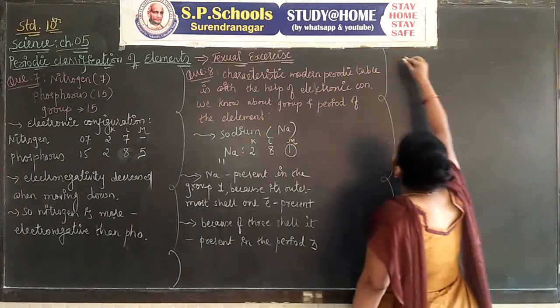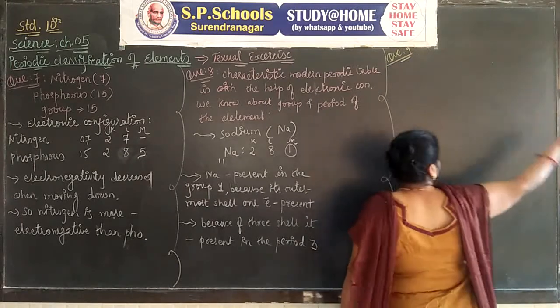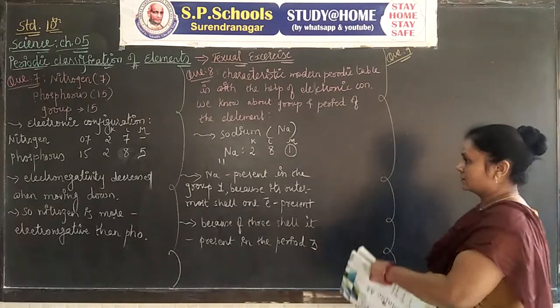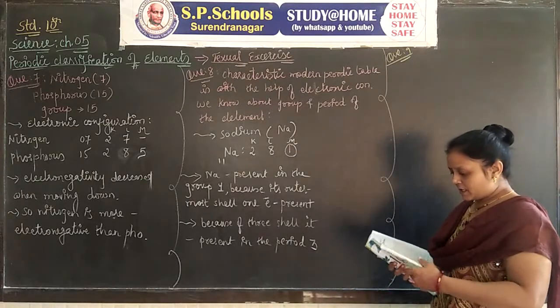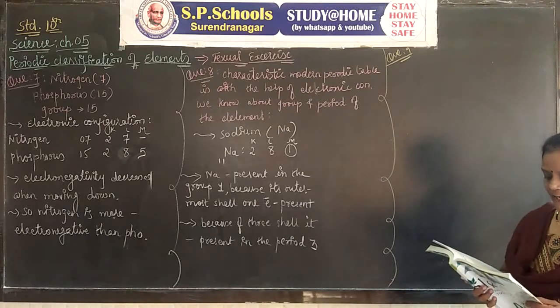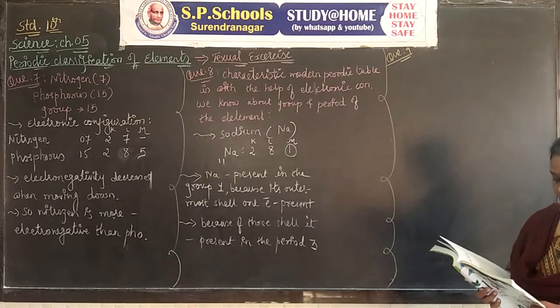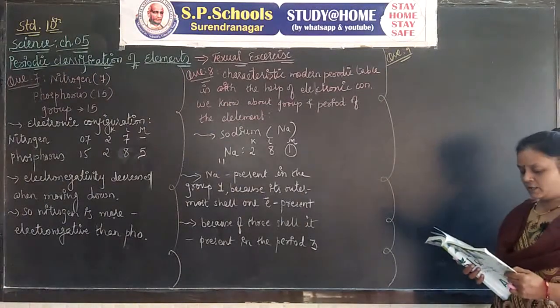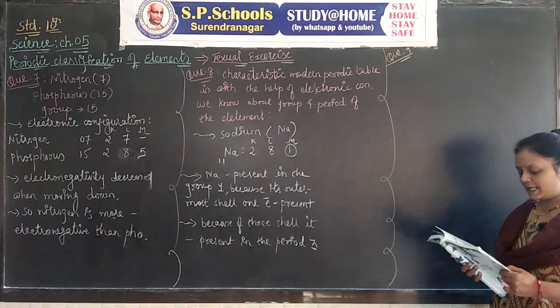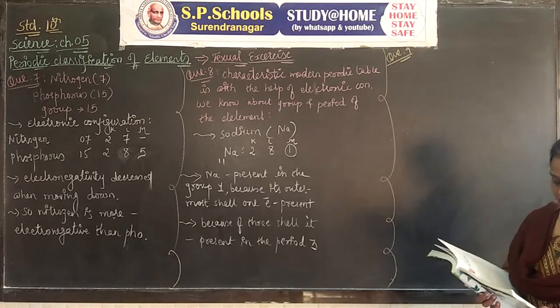Question number 9. In the modern periodic table, calcium atomic number 20 is surrounded by elements with atomic numbers 12, 19, 21 and 38. Which of these have physical and chemical properties resembling calcium?